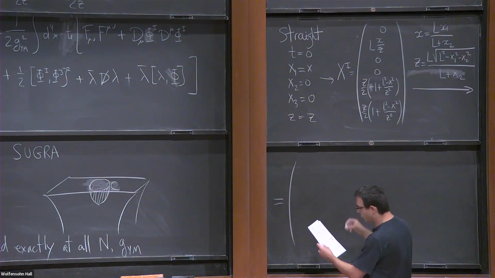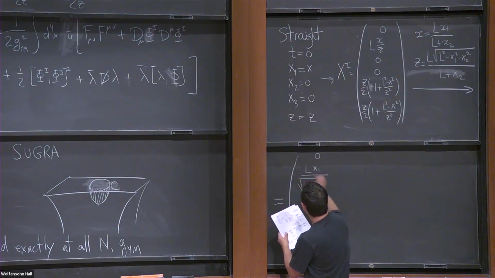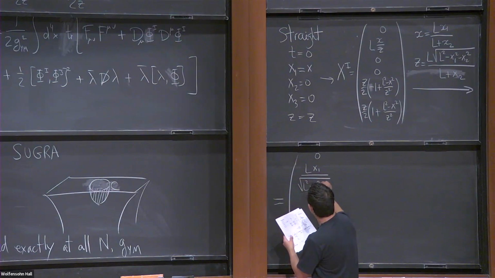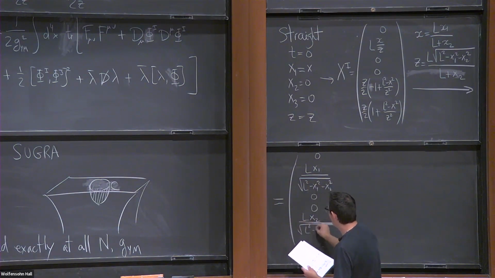for this straight world sheet become 0, Lx1 divided by the square root of L squared minus x1 squared minus x2 squared, 0, 0, Lx2 divided by the square root of L squared minus x1 squared minus x2 squared.